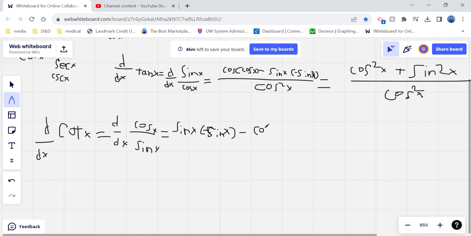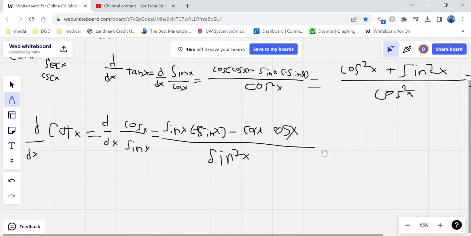So that's cosine of x times cosine of x. And that's all over sine squared of x, right? Because it's low d high minus high d low, over low squared.